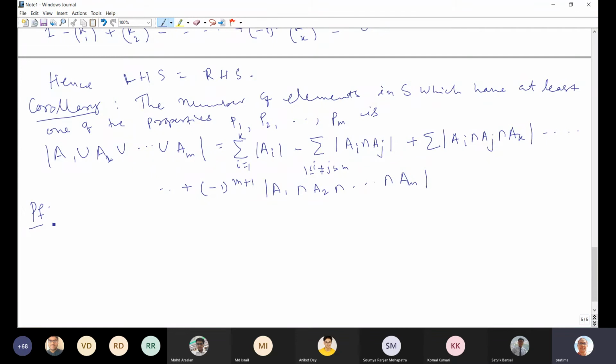How to get a proof of this? This is a corollary of the previous theorem, the principle of inclusion and exclusion, so we'll use that and obtain this result.